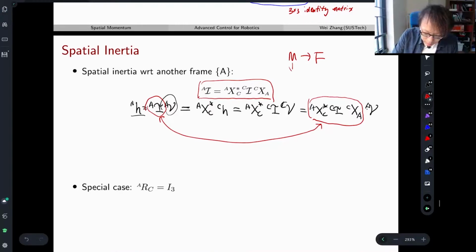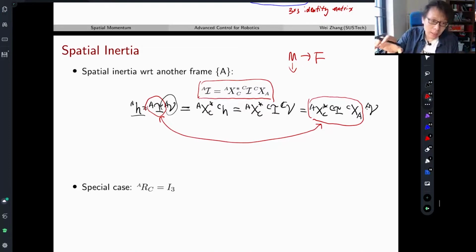In the motion space, I need to change coordinates using the twist change of coordinate from A to C first. Then you apply the mapping in C, and then change back to A, but this change back is in the force space. So that's why you have a star here. Okay, so that's how I see this formula, but if you want to memorize it, that's fine, but I never memorize anything.